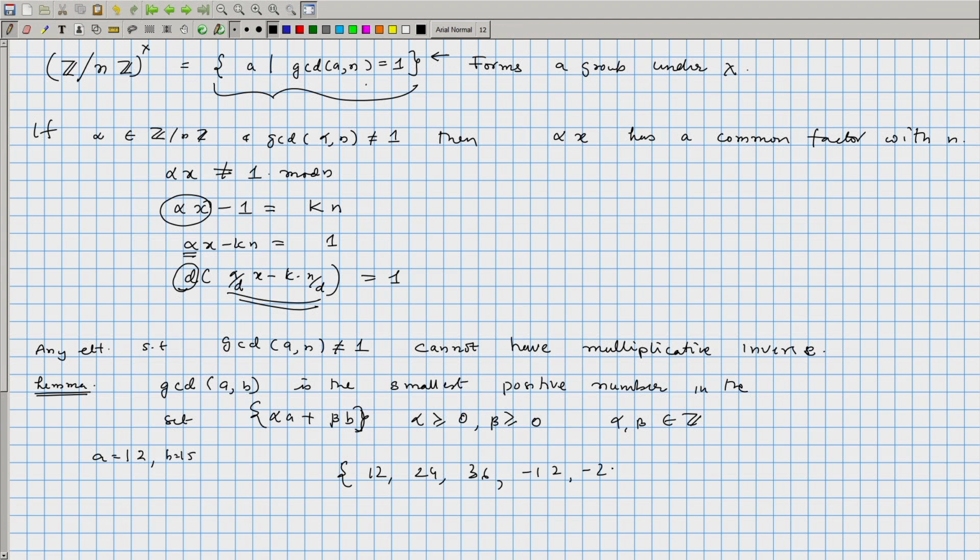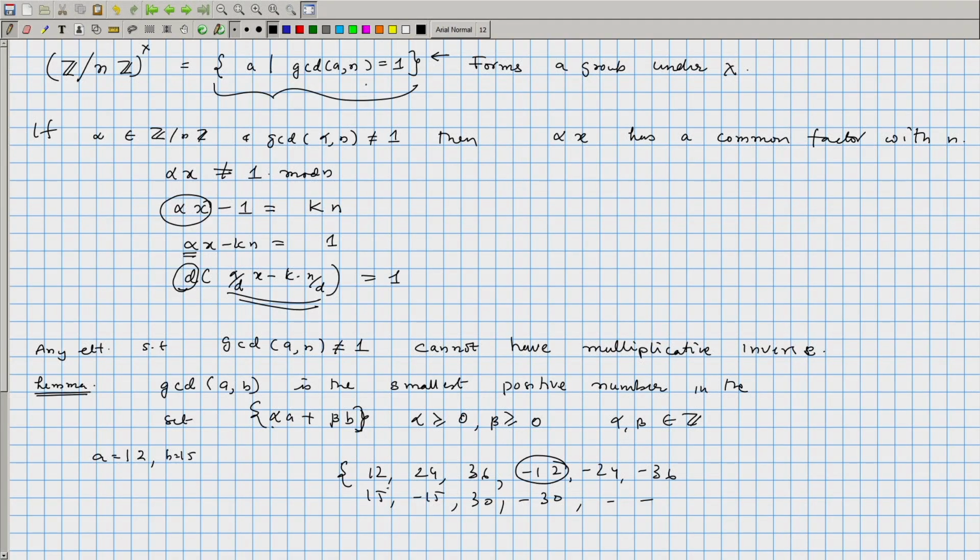Minus 12, minus 24, minus 36, 15, minus 15, 30, minus 30, all these numbers are possible. And this set has a nice property: if you take two of them and add them, you still get another number in the collection, of course for a different alpha and beta. So, minus 12 and 15, if you add up, you will get 3. So, 3 is also going to be an element in the set.